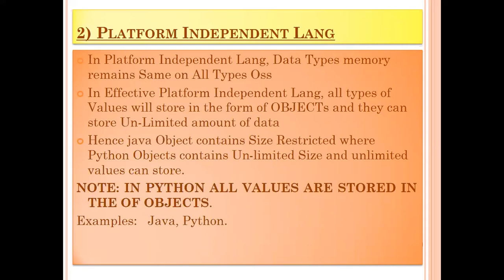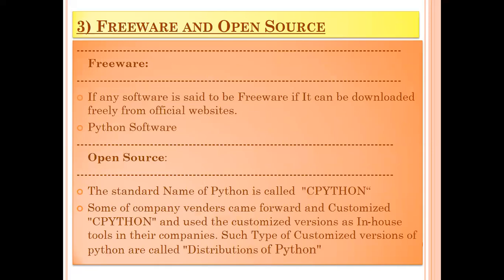Hence, Java objects have a restricted size, whereas Python objects have unlimited size and unlimited values can be stored. As I've already told you, in a Python program all values are stored in the form of objects. Clear? Now let's go ahead with the third.